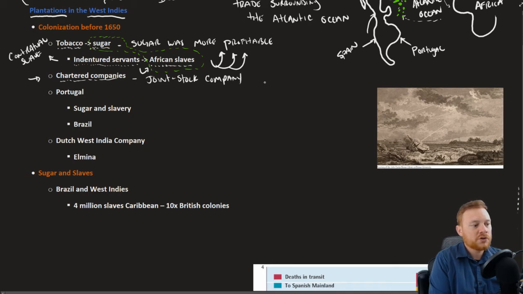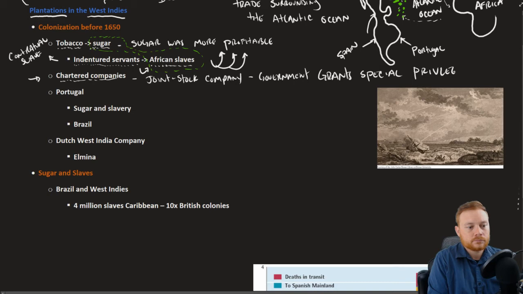But to be chartered means that the government grants special privileges to a particular company. Sometimes these are referred to also as royal charters in the case of countries which have a king or queen, which essentially grants that company special rules, privileges.